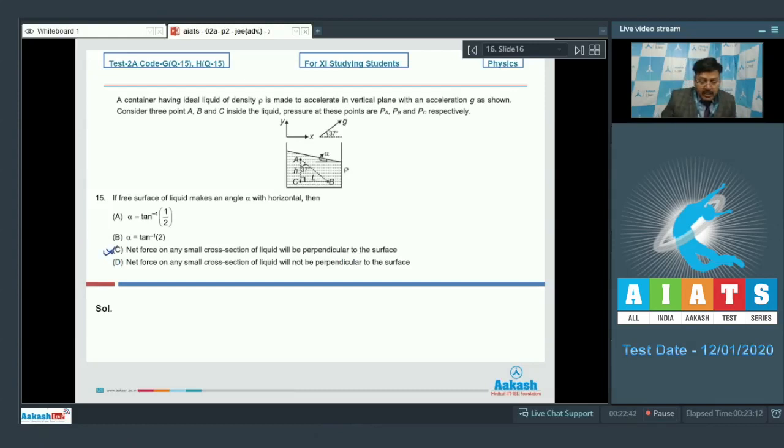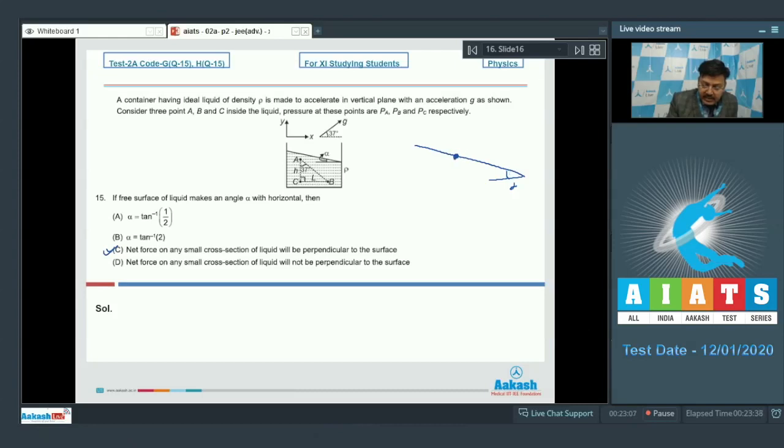So option C is correct, which means option D is incorrect. Now to evaluate the angle that the free surface makes with the horizontal, we can take a particle of liquid on the surface. Say this is the surface at angle alpha.